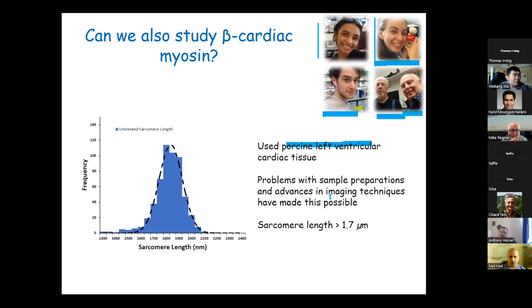And so working with these guys, they overcame the real problems that we had initially, which were trying to get the sample to a condition whereby we could actually start to image it. And that took us many months of working with the porcine myofibrils. But eventually we got them, and we work.